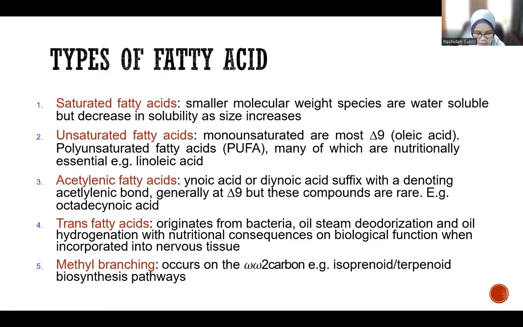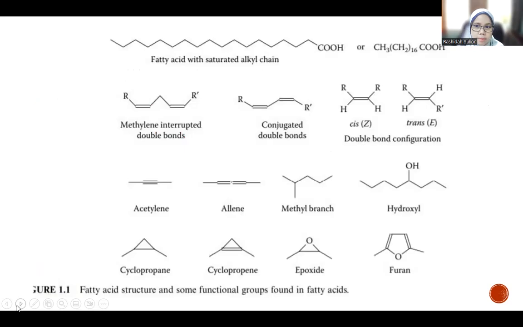So methyl branching occurs at these two carbons, the carbons with the double bond, especially in the isoprenoid or terpenoid biosynthesis pathway, which is how to produce this type of molecule.